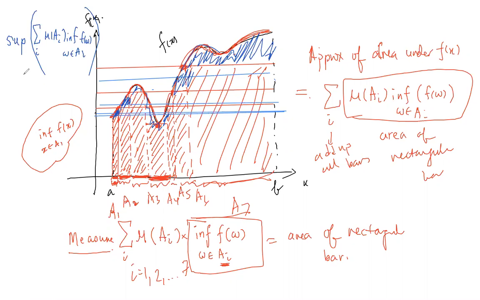Okay, so this is the definition for the Lebesgue integral, and we write it like this. It's different from your Riemann integral, because over here it is d mu, where this mu represents your measure.